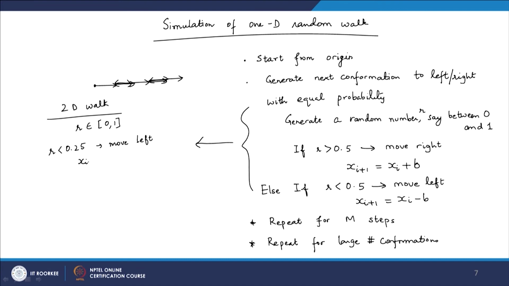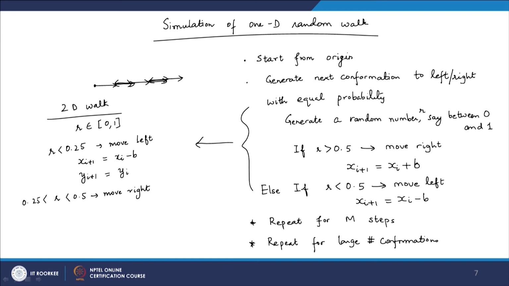So x_{i+1} becomes x_i - b, y_{i+1} remains unchanged. If r is between 0.25 and 0.5, we move right.